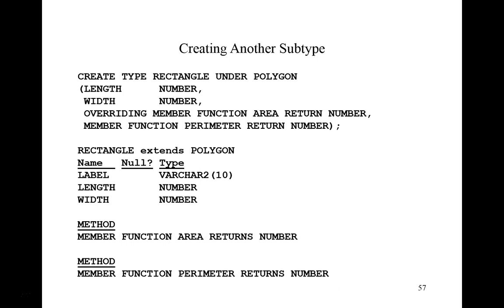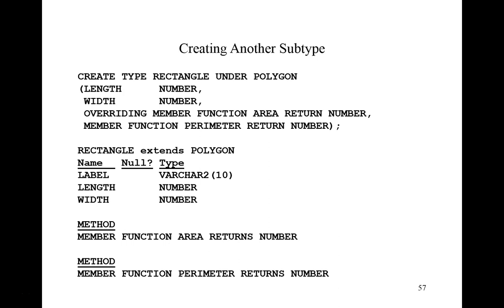We create a second subtype of polygon called rectangle. A rectangle has length and width, and then also overrides the member function of area. Additionally, it includes its own local member function of perimeter. Executing the describe command subsequently reveals similar information to what we saw with the creation of the circle type.